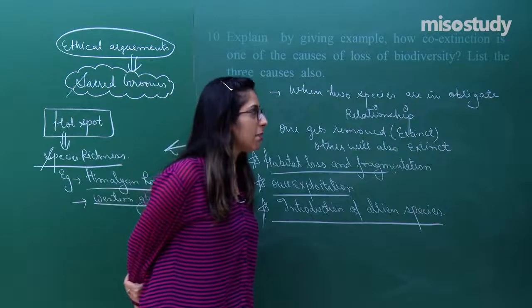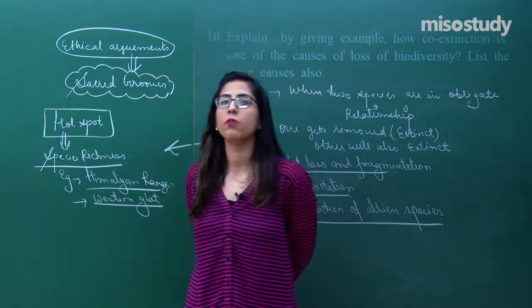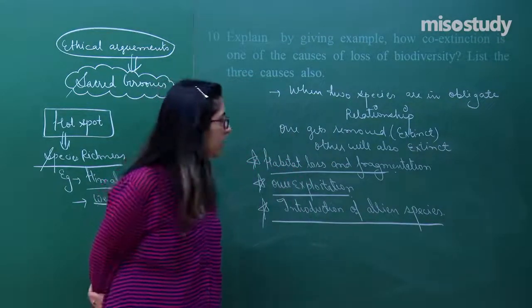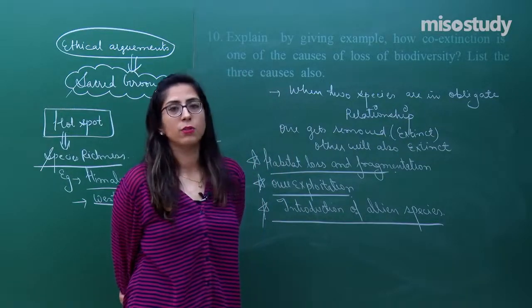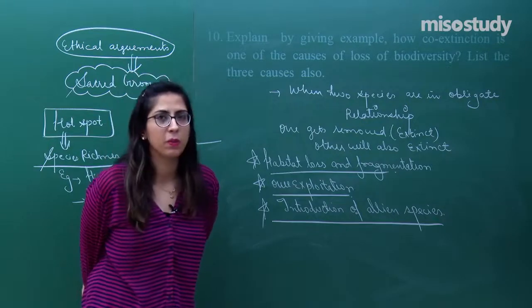While attempting such a question, because it is a 5 marks question, you have to write the examples as well. Again and again I am writing Lantana, you can take any other examples and you have to explain that in detail. Because you are preparing for the CBSE, you are preparing for a subjective paper.